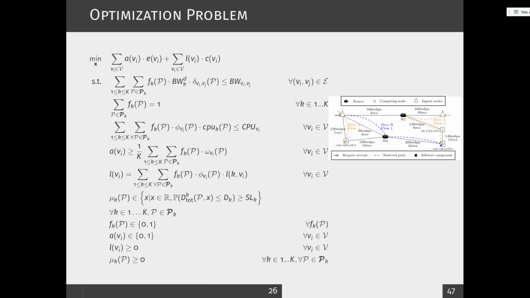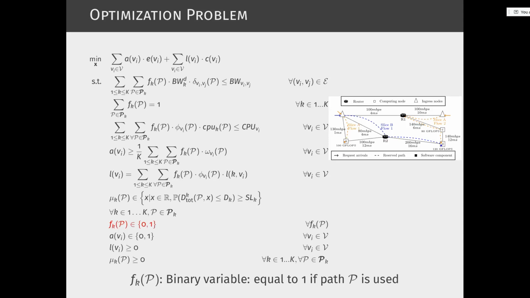So we formulate this as an optimization problem. I will go through each equation. In this problem, we have FKP, which are binary variables, and they are equal to 1 if a path is used.